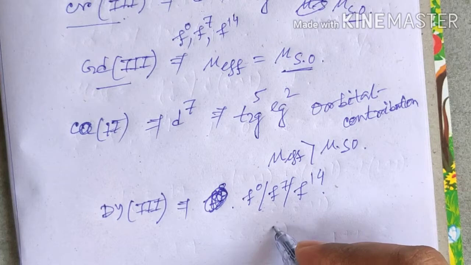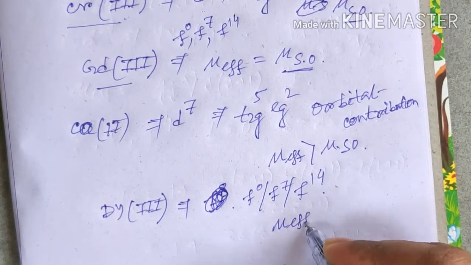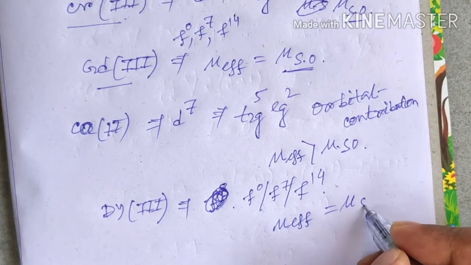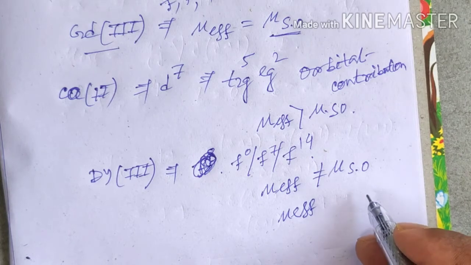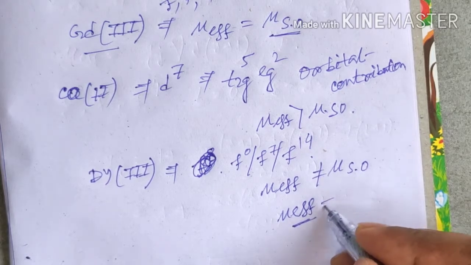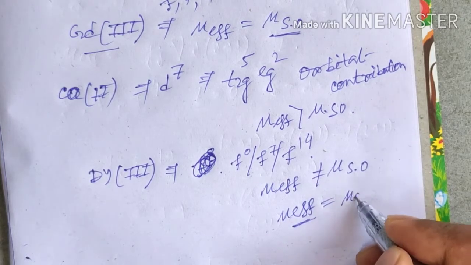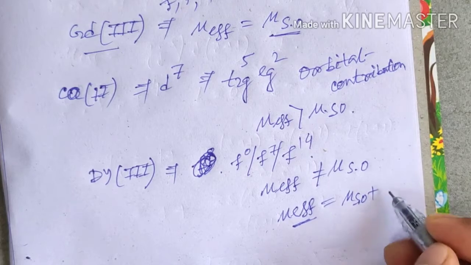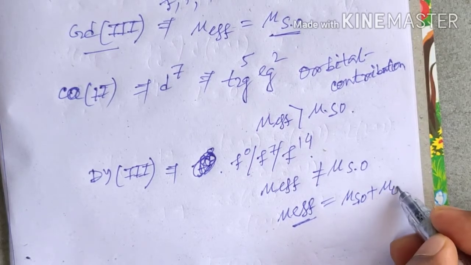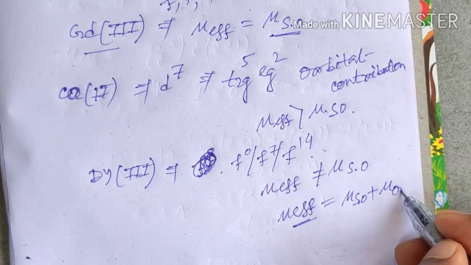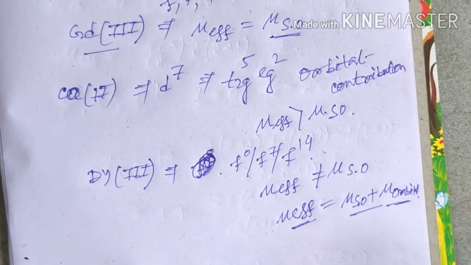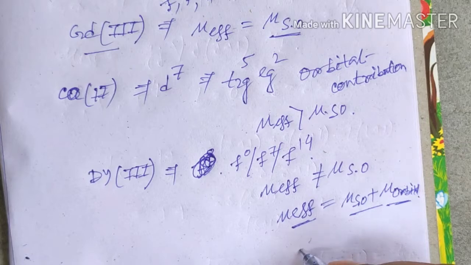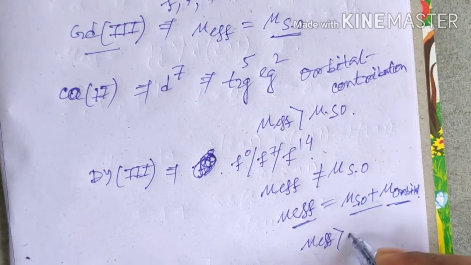So for this case, mu effective will not be equal to mu spin only value, and there will be a contribution from the orbital magnetic moment, and the effective magnetic moment arises due to coupling between the spin and the orbital contribution. So mu effective will be greater than the spin only values.